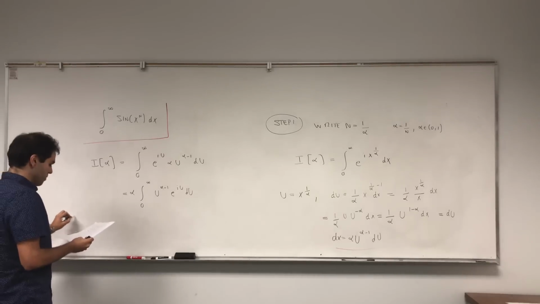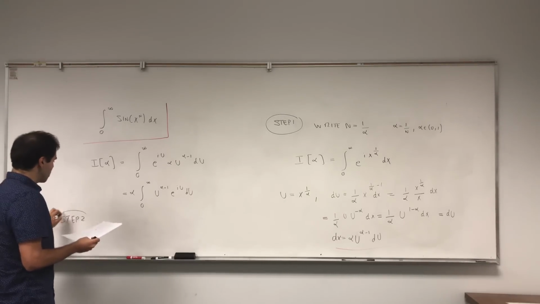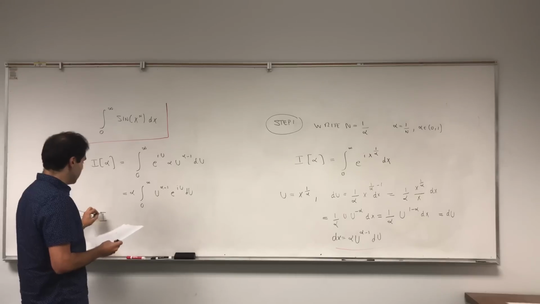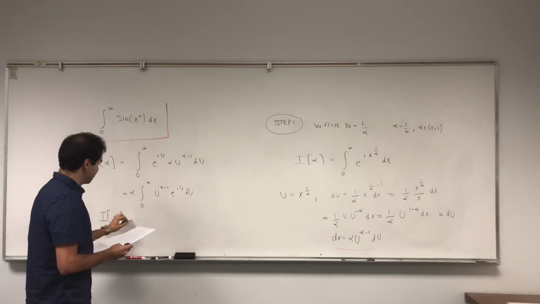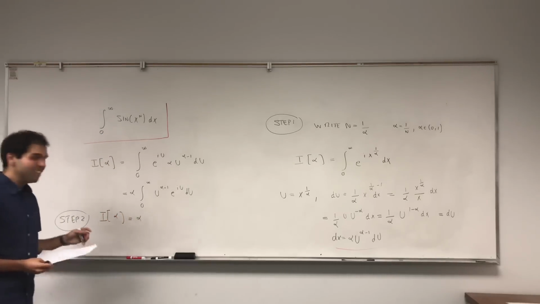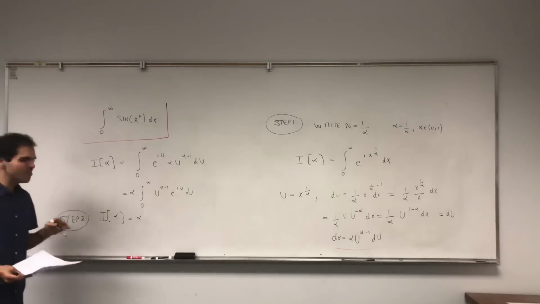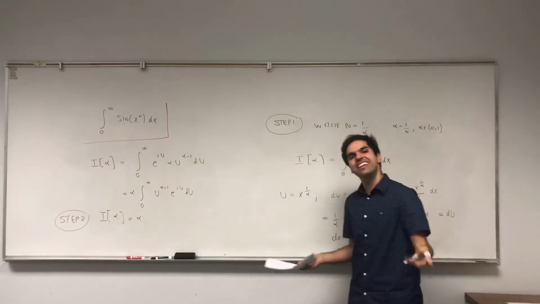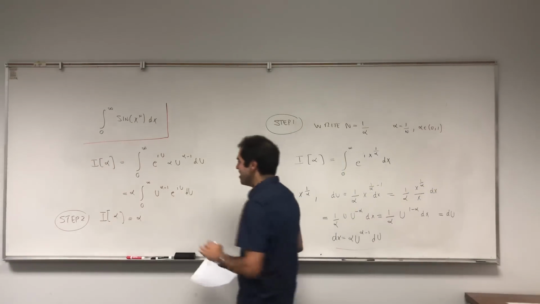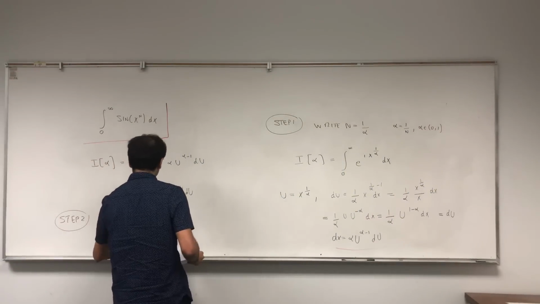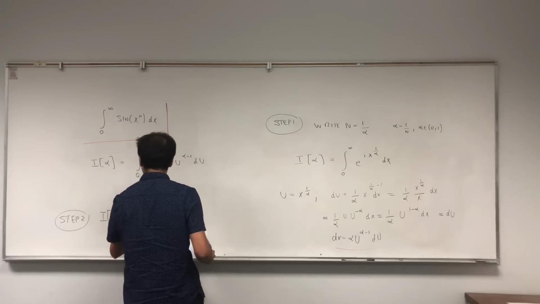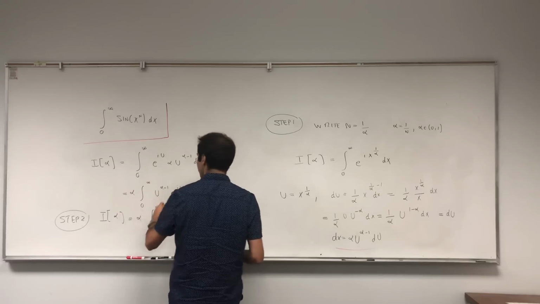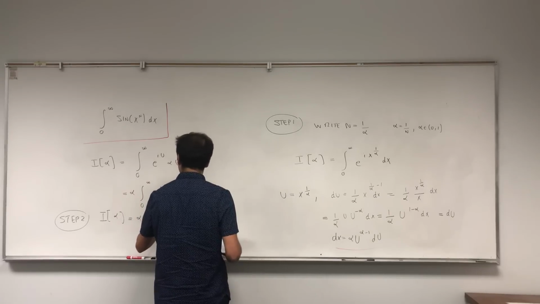So step 2 is to use something kind of interesting. This is already a complicated integral. Let's make it even more complicated. It's strange because you don't usually use math to complicate things, but here we make stuff so complicated that it becomes easier. So this integral is alpha times the integral from 0 to infinity, and instead of using u, let's use x again.